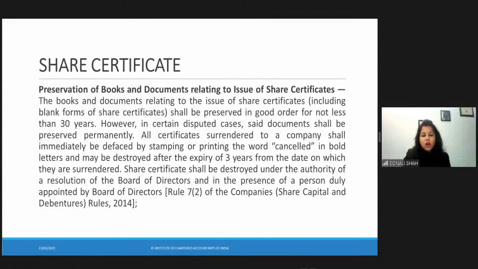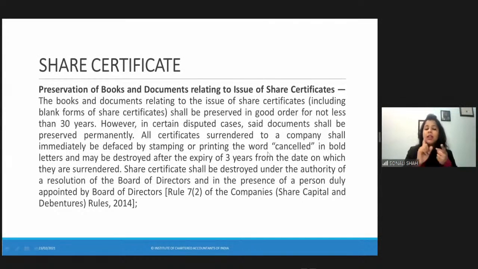Preservation of books and documents relating to issue of share certificate. Now, these books and documents have to be preserved for at least 30 years. Also, the certificates which are surrendered to the company shall be immediately defaced or destroyed by stamping or printing the word cancel in bold letters, and may be destroyed after the expiry of 3 years from the date they were surrendered.